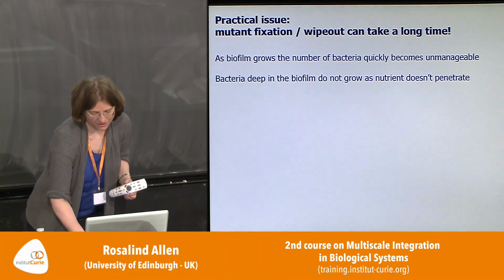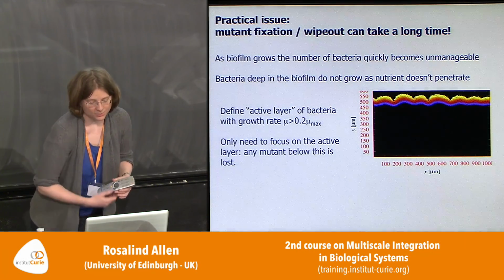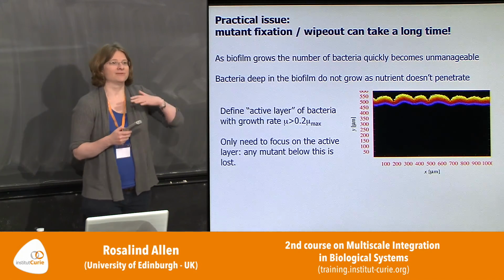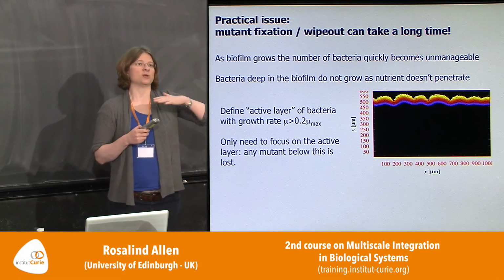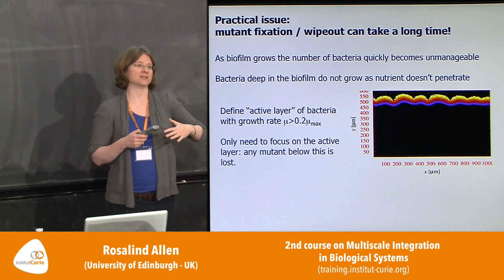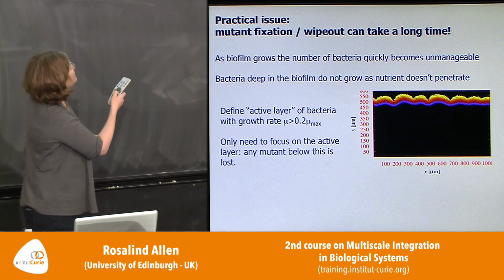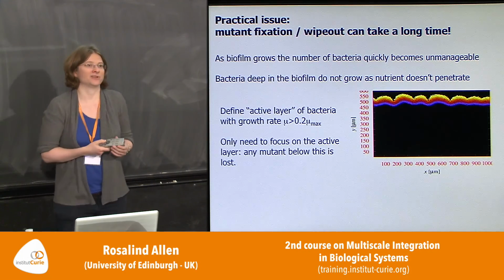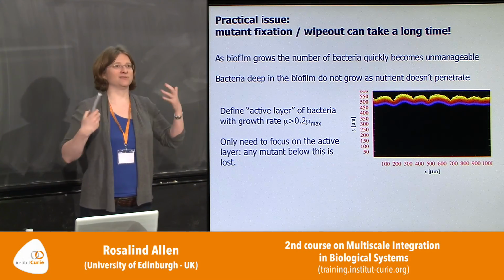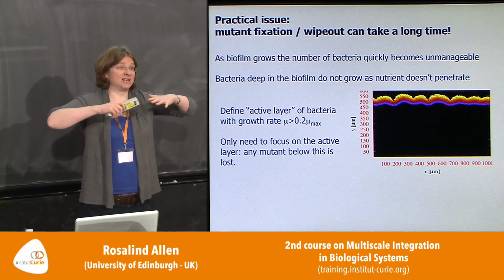And so we have a practical solution, which is simply that every now and then in the simulation we chop off the top and reinitiate. We say that bacteria deep within the biofilm are not very important because they don't have any chance of proliferating, since they're buried anyway.